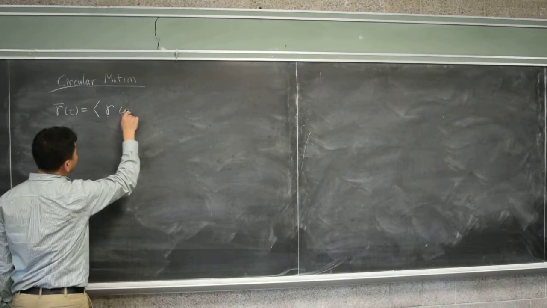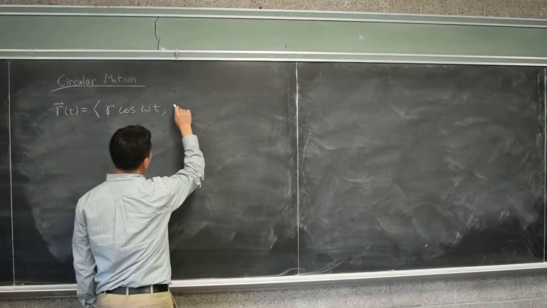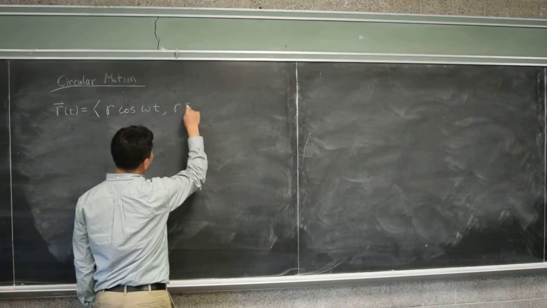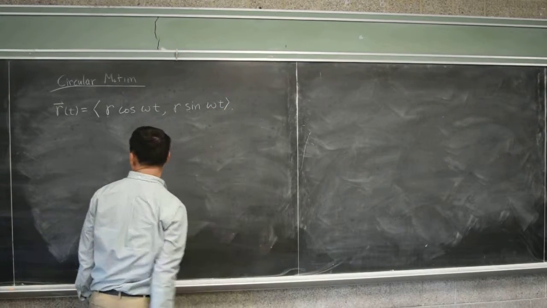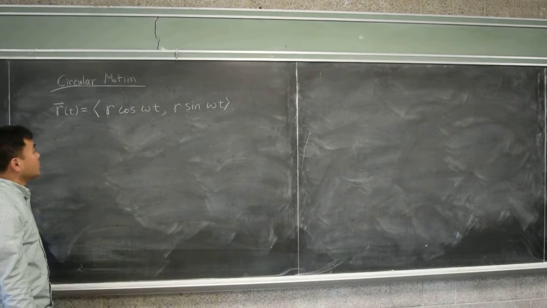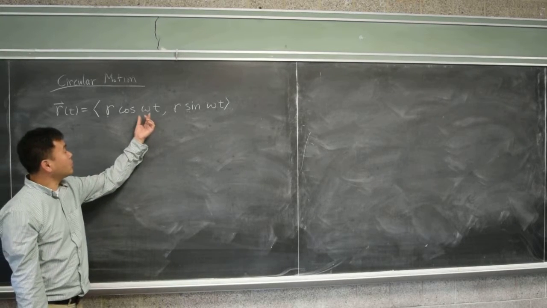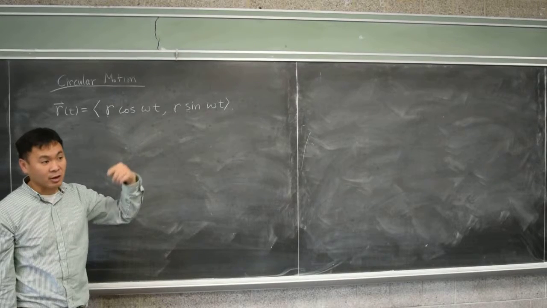r cosine omega t, r sine omega t. So as you can see, this omega is a constant, so it has a constant angular velocity.